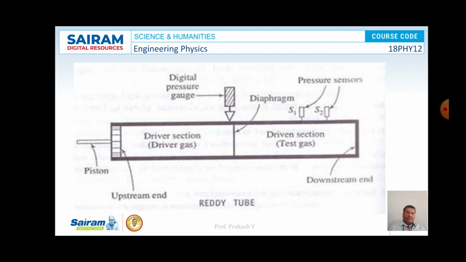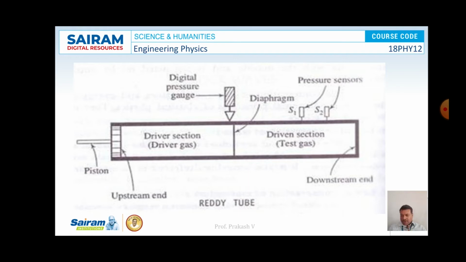The paper diaphragm is about 0.1 mm thick, and the Reddy shock tube is fitted with a digital pressure gauge close to the paper diaphragm and also two pressure sensors S1 and S2, fitted with the driven section as shown in the picture.